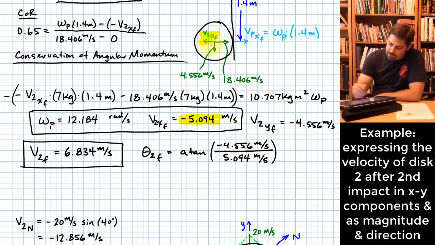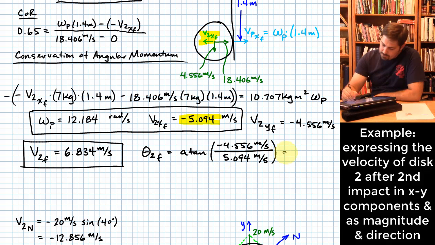I know that it gets confusing if you have these double negations, but I assumed left. I was wrong is what the negative sign means. It's actually going to the right. In terms of doing the arctangent function, you always want to make right positive and left negative. So 5.094 indicates a movement to the right in the x.